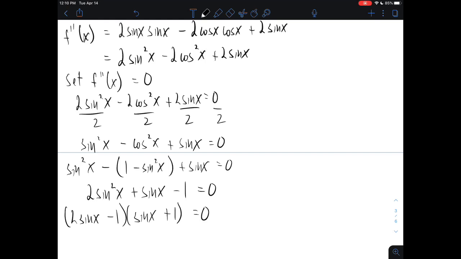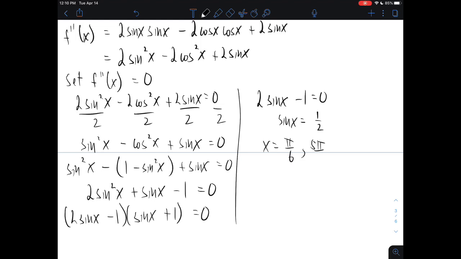And then I'm going to set my factors equal to 0. So 2 sine x minus 1 equals 0. That means that sine x is equal to 1/2, which means that x is equal to pi over 6 in quadrant 1 and 5 pi over 6 in quadrant 2. So I'm going to need those two.